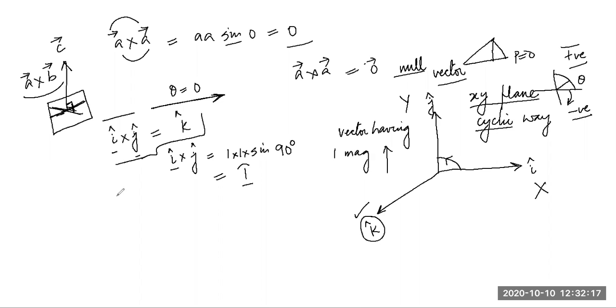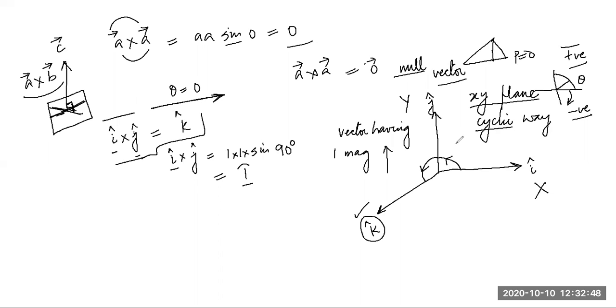Similarly, again I'm taking things in cyclic order. You can always apply your right hand also from x to y. Please curl your fingers from x to y. Now, you might say that the angle from I to j can be gone like this also. No, we'll never go like this. We'll go with the lesser angle. Lesser angle is 90. So when you go from I to j, towards which direction is your thumb protruding?